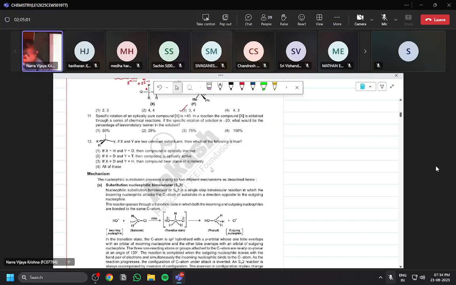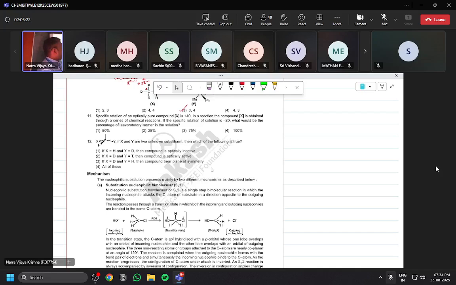Specific rotation of an optically pure compound X is plus 40. If it is 100% pure, plus 40. In a reaction, compound X is obtained through a series of chemical reactions. If the specific rotation of the solution is minus 20, what is the percentage of L form?